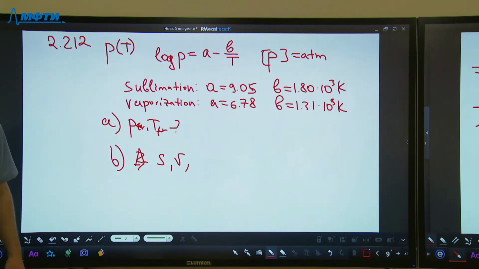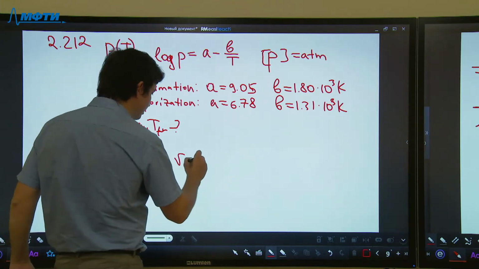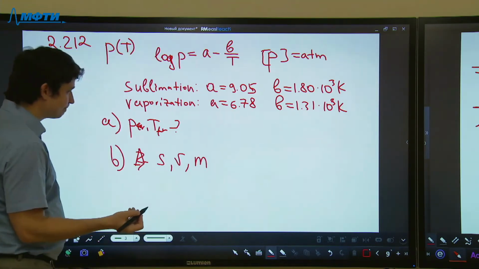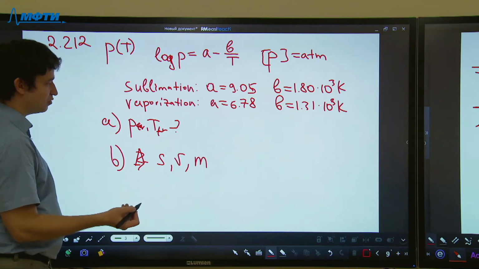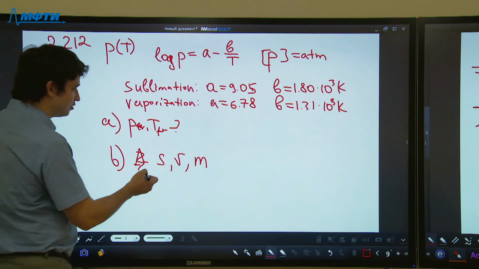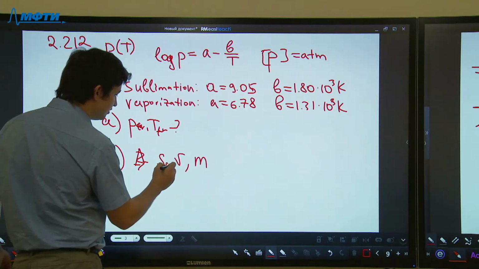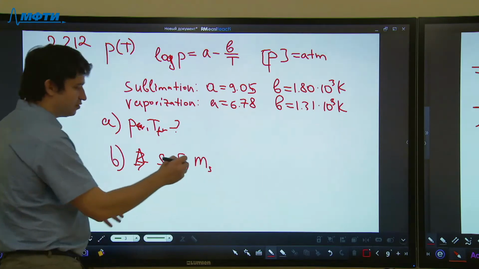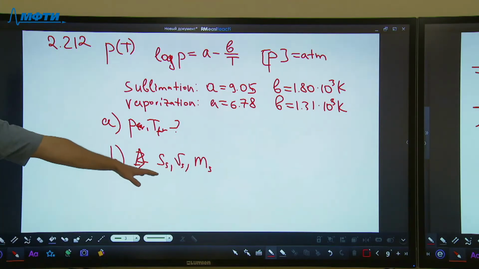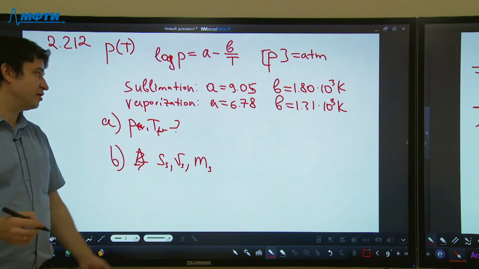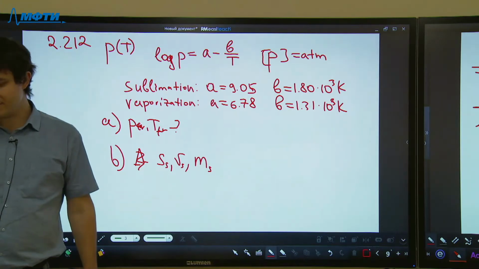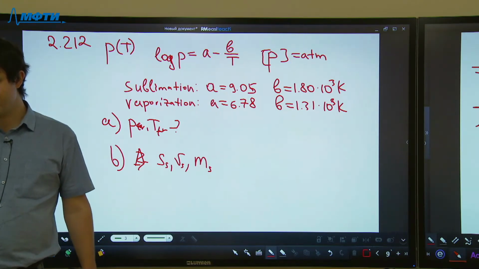And for melting, I need to calculate M. I need to somehow distinguish it from volume, mass, and entropy. So I would have here the specific latent heat of sublimation, vaporization, and melting, because I don't want to have too many variables here, and I'm out of ideas how to name them.